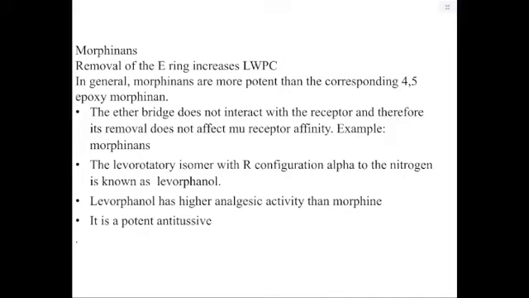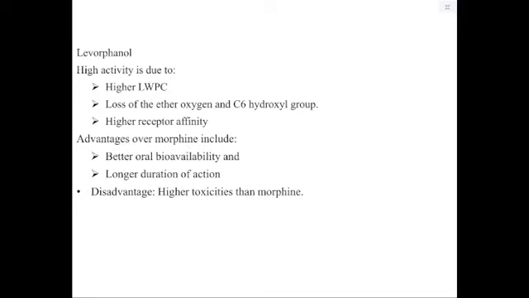I have explained it is also a potent antitussive. Somehow, just by removing of that, it also has antitussive activity. But because of its high analgesic activity, you mean also high abuse potential. So definitely, you can never dare use it as an antitussive. It has high activity due to high lipid water partition.